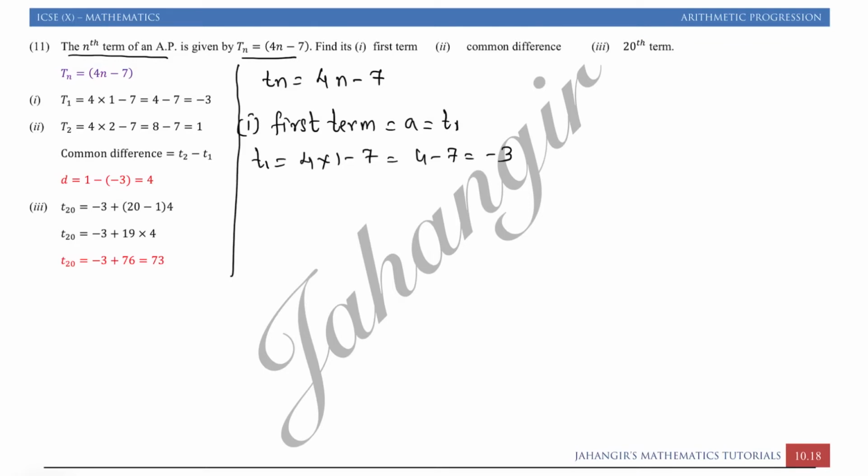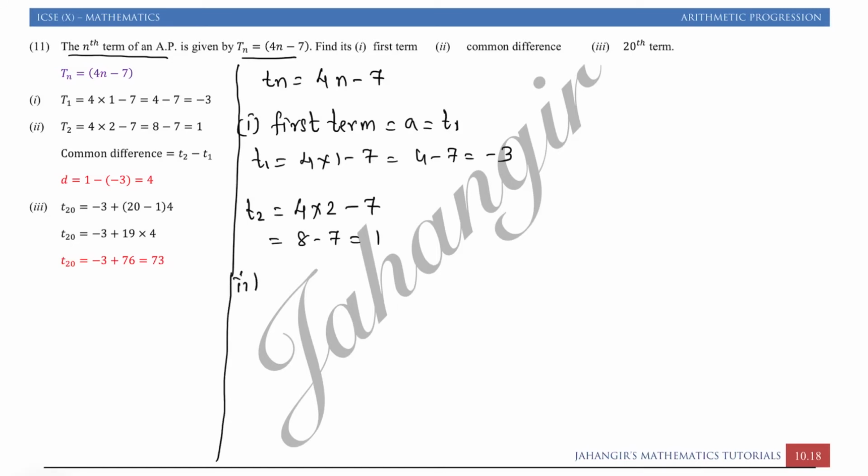We got that. We want common difference. So here we will find T2 also. T2 is the second term, and common difference we can find by using T2 minus T1. So T2 we will just replace n as 2. So 8 minus 7, that is equal to 1. Since we get first term and second term, we can write common difference.